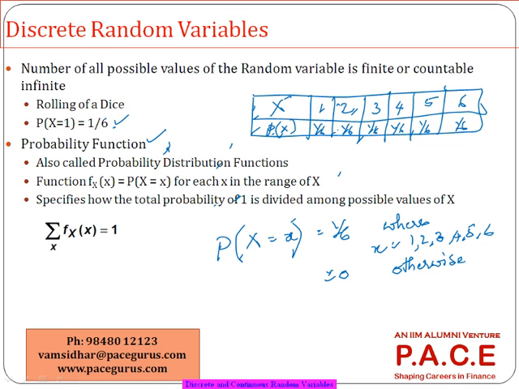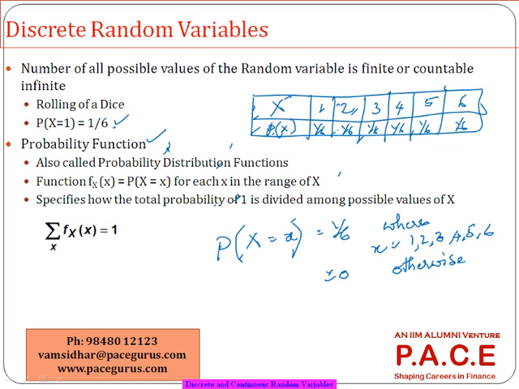So probability of x equal to 1 is 1 by 6, x equal to 2 is 1 by 6, x equal to 3 is 1 by 6. So this is what is coming out, and this is nothing but a probability distribution function.